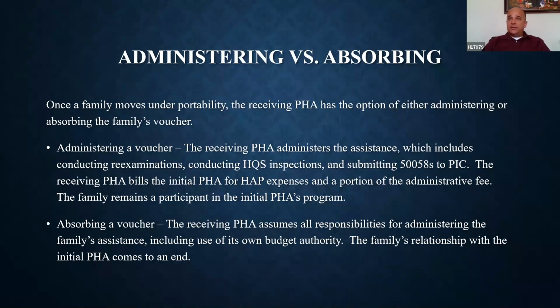The receiving PHA, and this is the receiving PHA's option, chooses whether to administer a voucher or to absorb a voucher. In a case where the receiving PHA decides to administer a voucher, the receiving PHA administers assistance, which means that the receiving PHA conducts reexaminations, conducts HQS inspections, and submits 505(h)s to PIC, but the receiving PHA bills the initial PHA for HAP expenditures and a portion of the administrative fee.